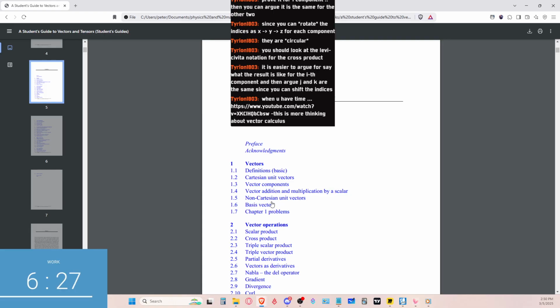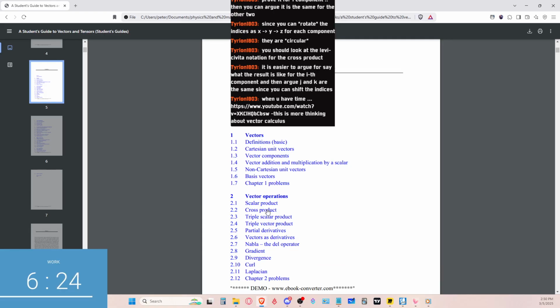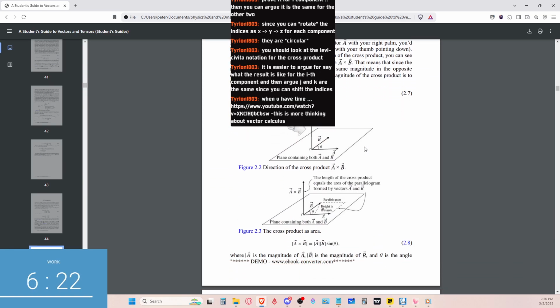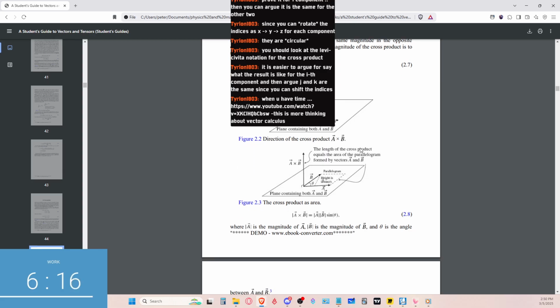Let's see. Basis vectors, cross product. Okay, yeah, this is something I remember seeing. The direction of the cross product. The length of the cross product equals the area of the parallelogram formed by A and B.